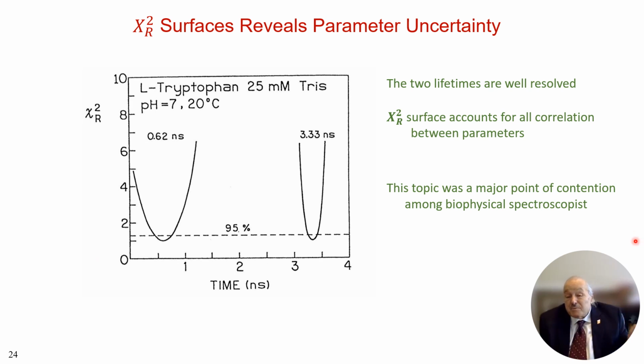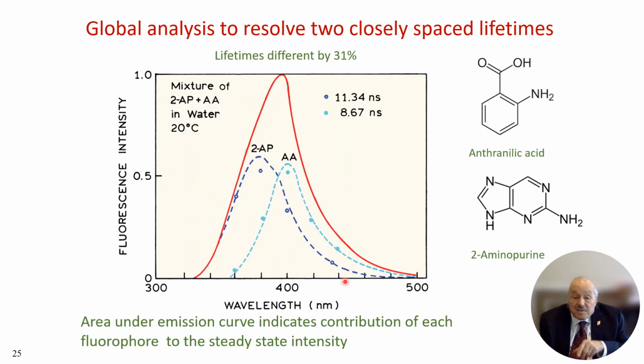Oh, I just wanted to mention that these two lifetimes are actually very well resolved, which we determined from the chi-squared surface. Of course, we vary one of the decay times or one of the alphas. So that's an excellent resolution.